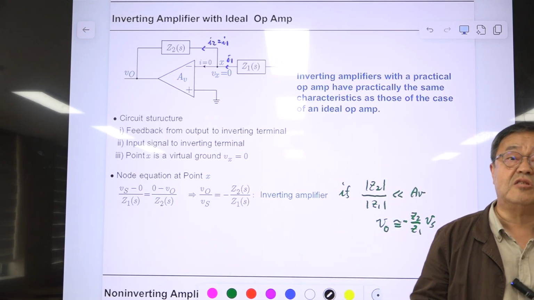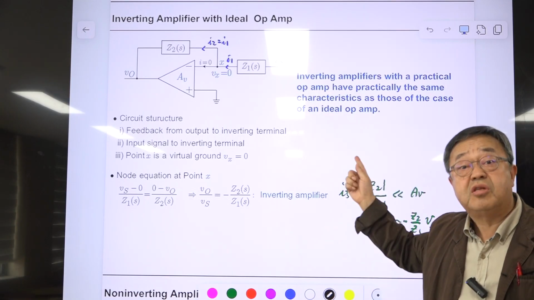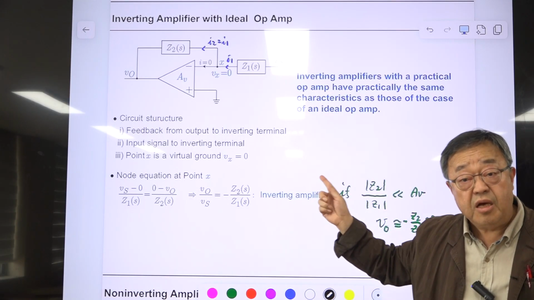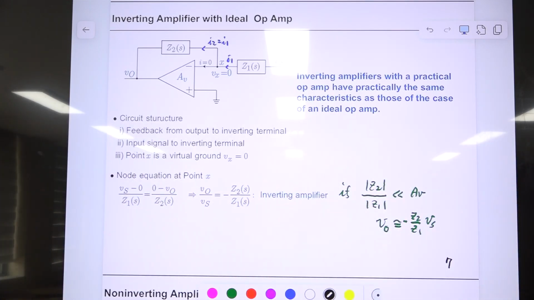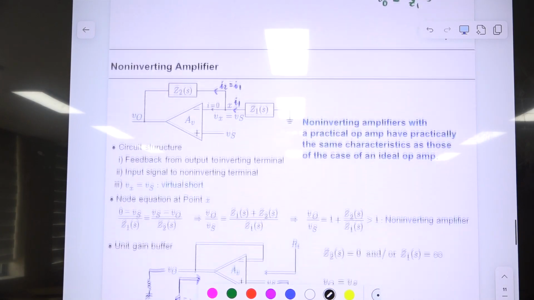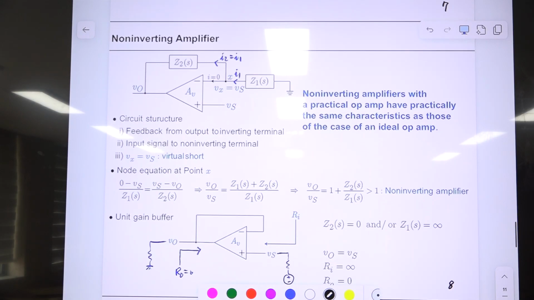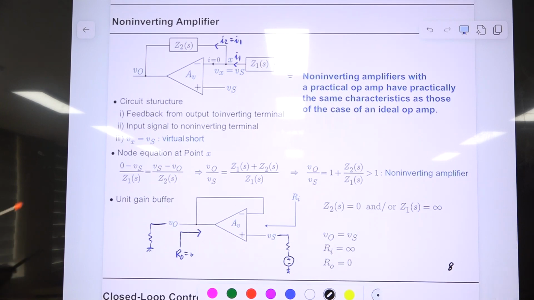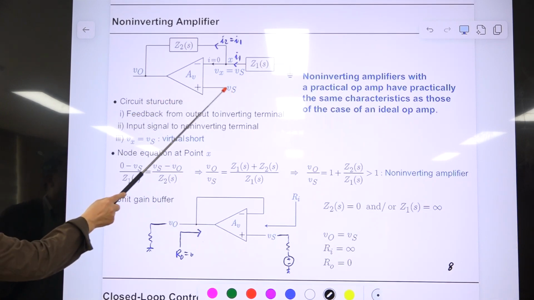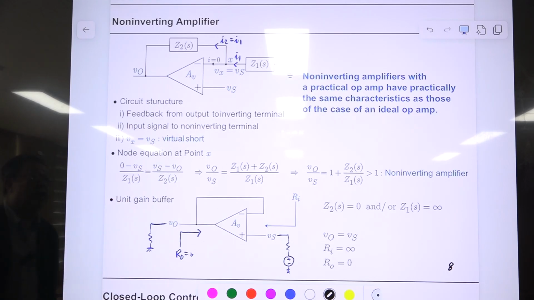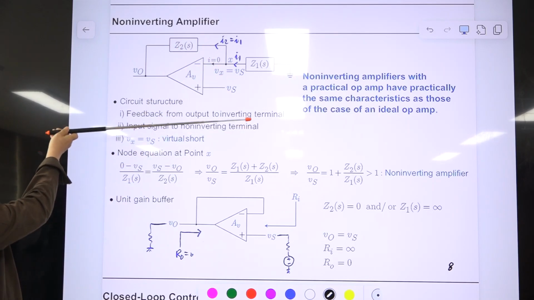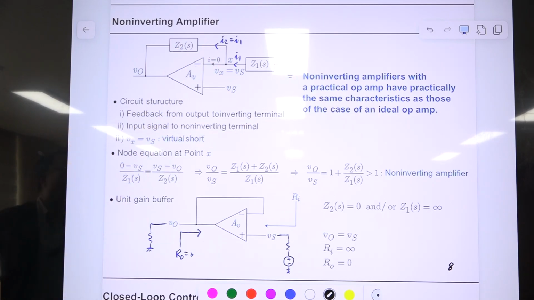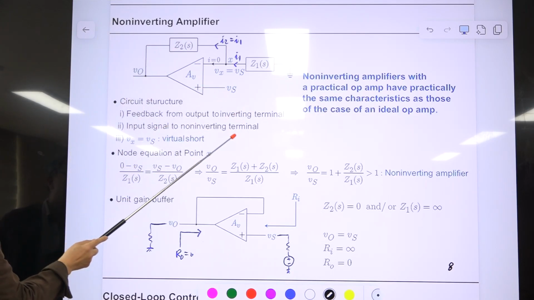That case is in sharp contrast with the op-amp case. In the op-amp case, assuming an ideal op-amp is absolutely safe for most applications. In another configuration here, this input is connected to the non-inverting terminal, and the negative feedback structure is there. So feedback from the output to the inverting terminal is still there, and the input signal is applied to the non-inverting terminal.